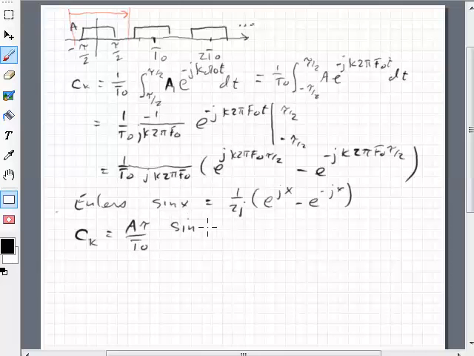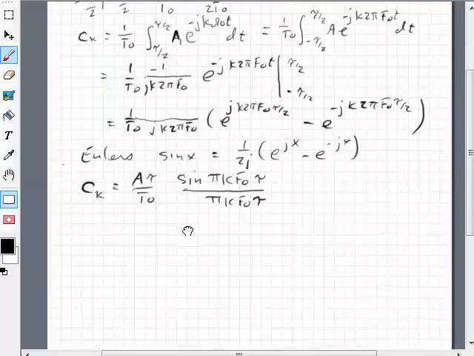Sine pi k f naught tau over pi k f naught tau. You see I've kind of written it in a funny way. There's a tau here that'll cancel a tau there. So I've sort of factored out a tau and put it in the numerator. And the reason I did that is to have this argument, the sine argument, be replicated in the denominator.